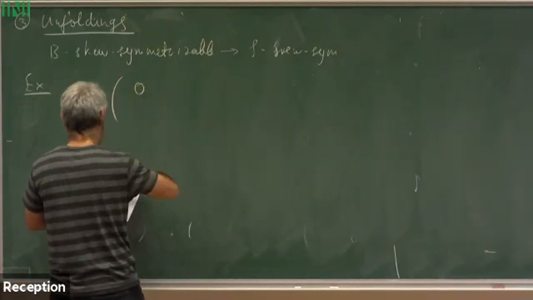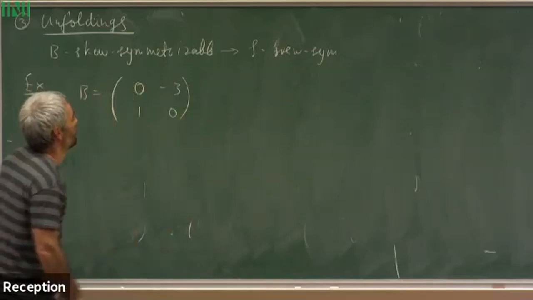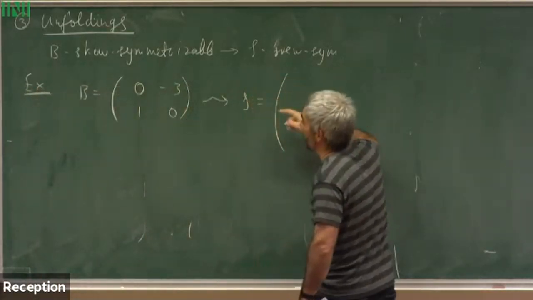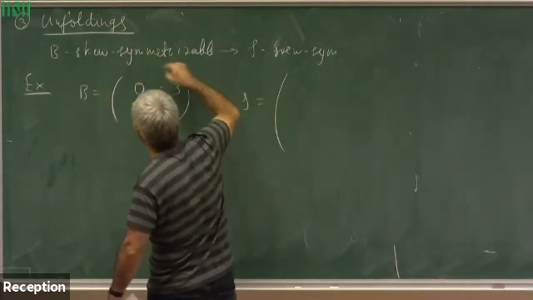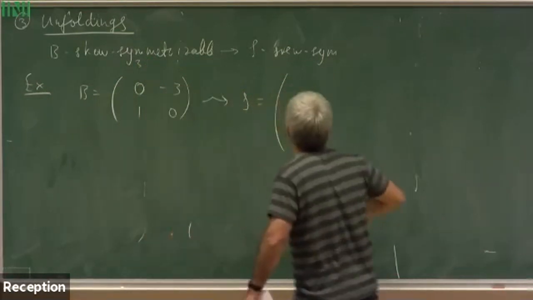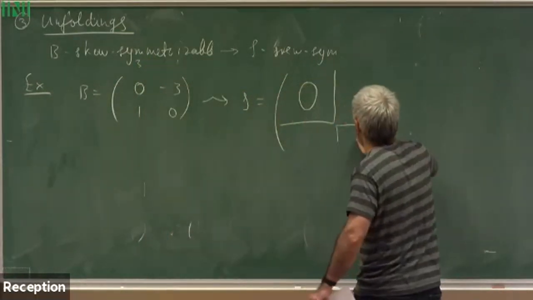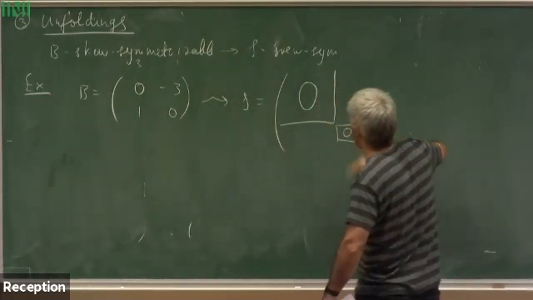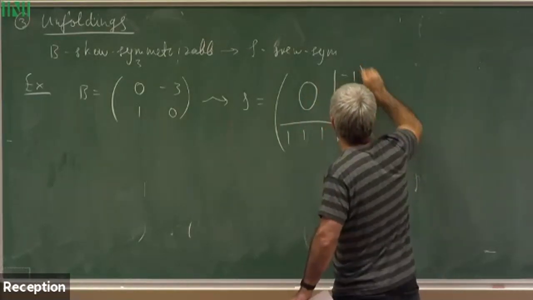It is 0, -3, 1, 0. And I take matrix S to be, so here the skew-symmetrizer is 3, 1. So I take two blocks of size 3 and of size 1, and write 1, 1, 1, and -1, -1, -1.